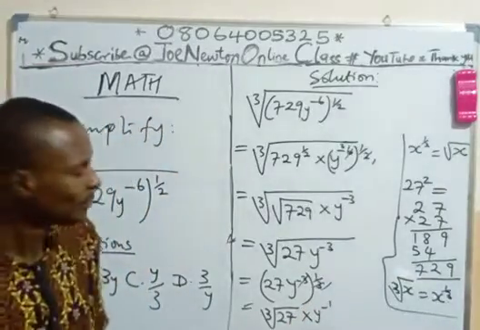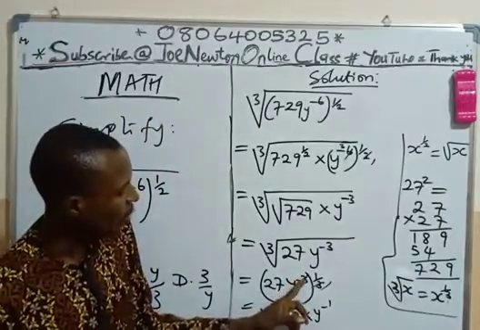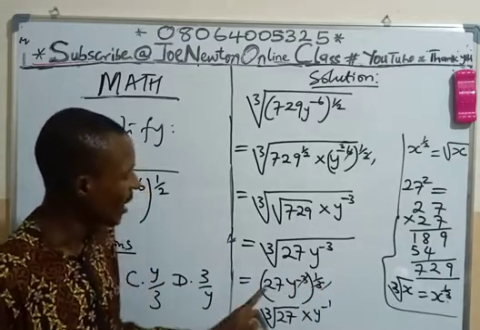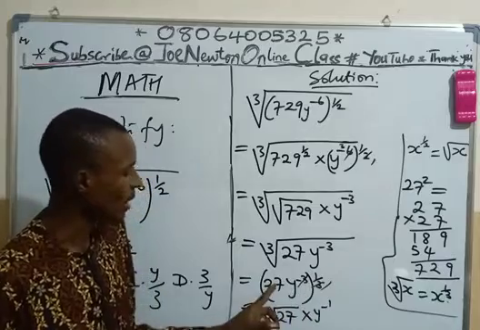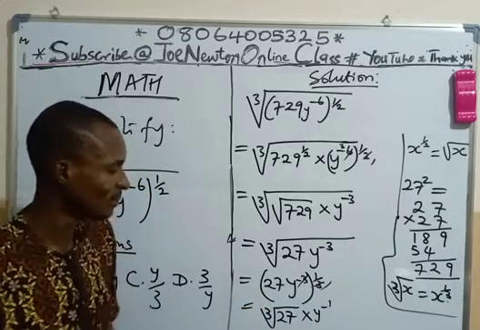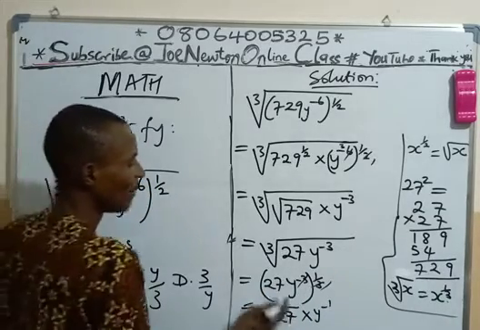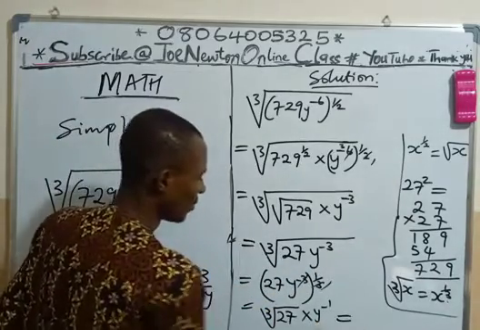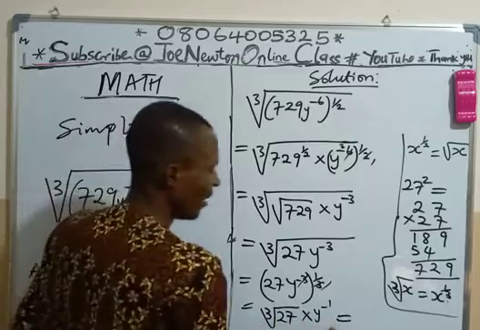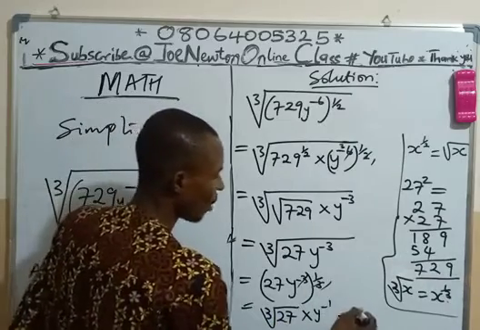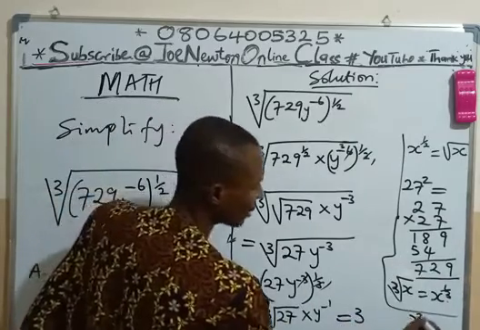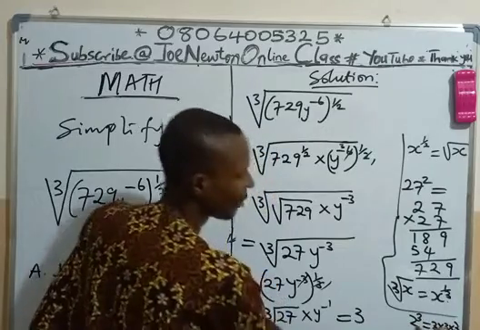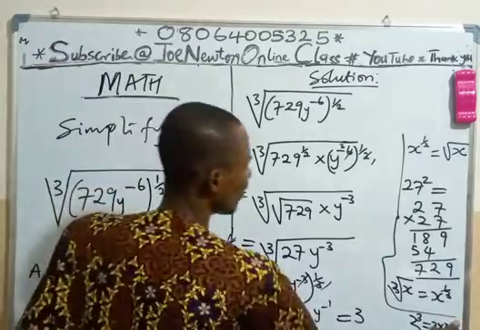That's what we have, because this power minus 3 cancels with the 3 here, giving 1. Then this 1 over 3 on 27 means cube root of 27. Very simple. Then when you expand it, cube root of 27 is 3, because 3 to power 3 is 3 times 3 is 9, 9 times 3 is 27.